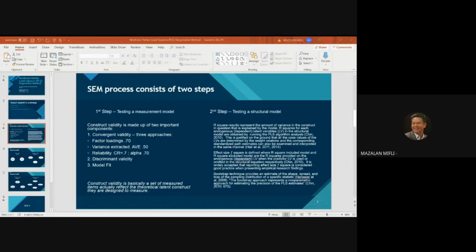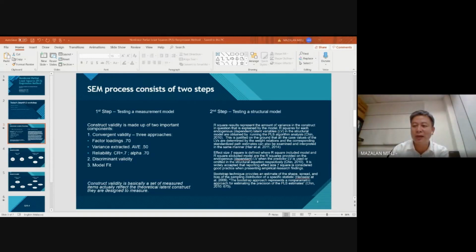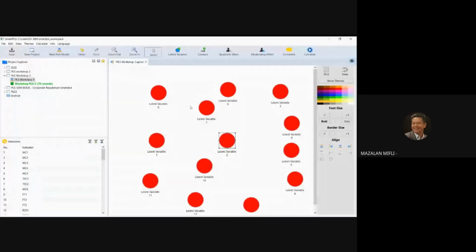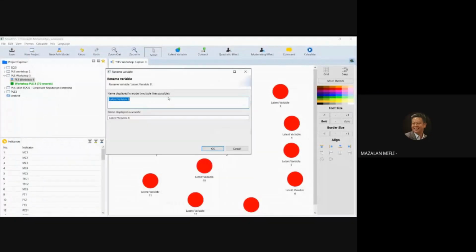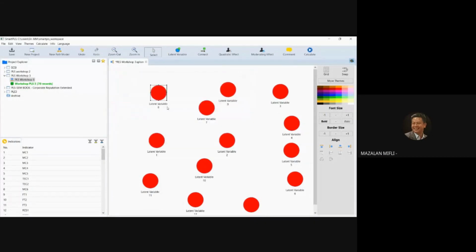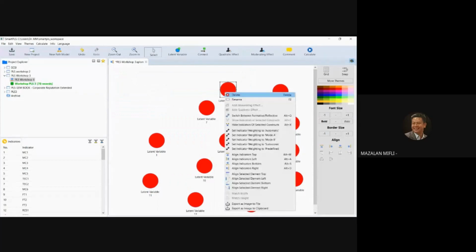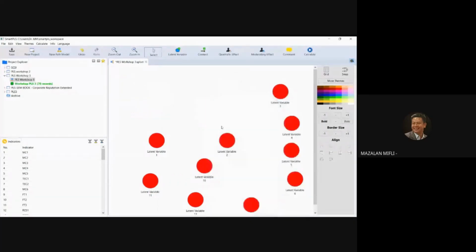You need to unmute, then you can talk to me, or you can just put it in the chat. I already have this, so I'm just going to delete it first, and then start all over again, so that you all can see my Smart PLS.